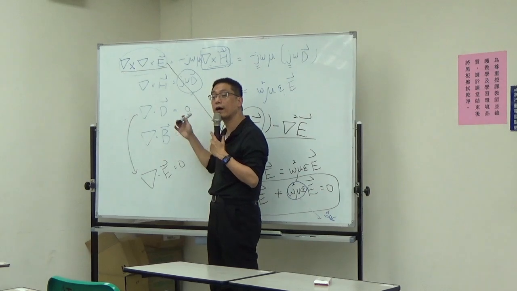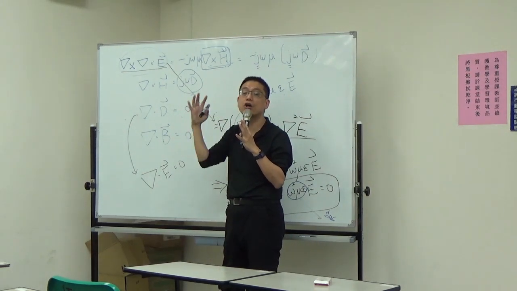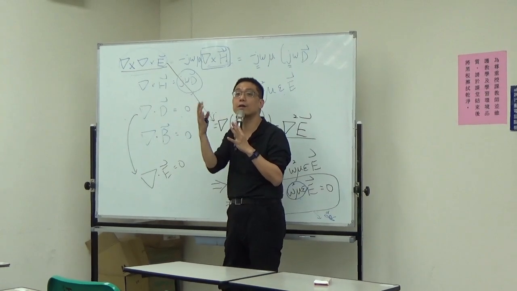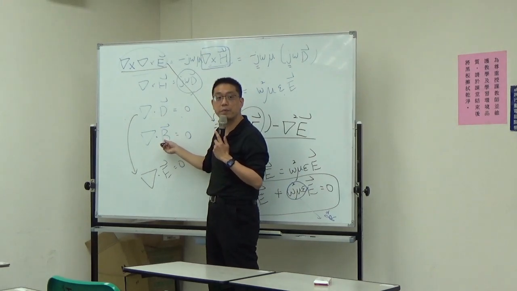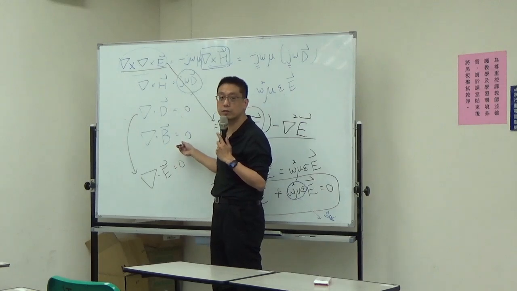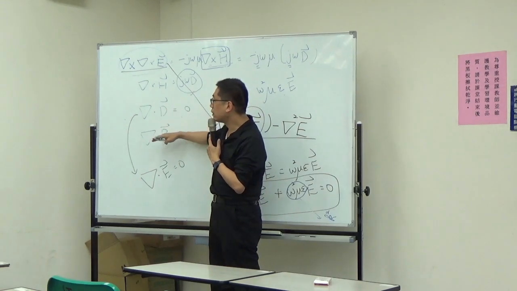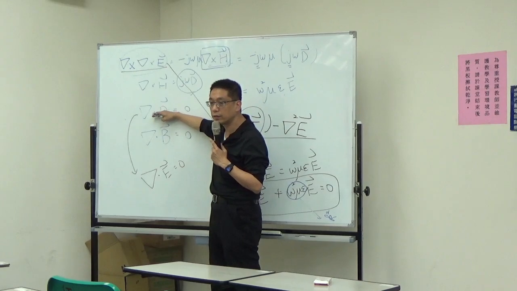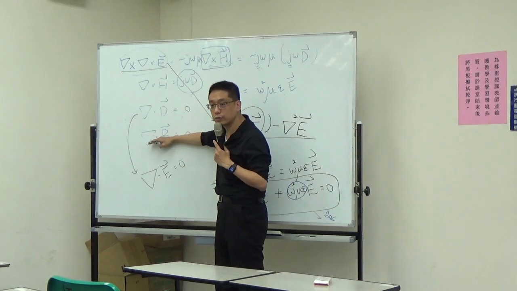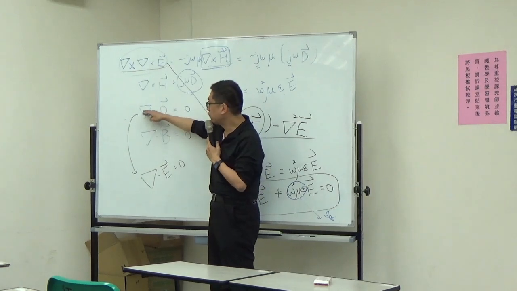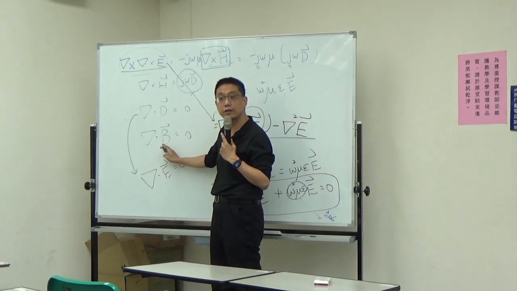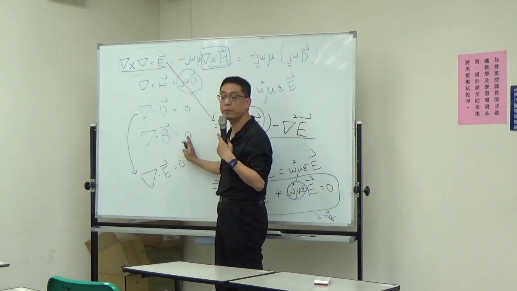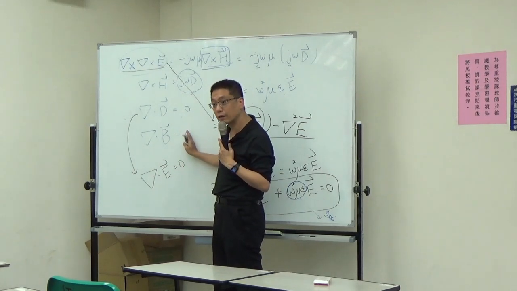I know how many charges are inside the area. I take the divergence of B, which equals 0 because we don't have magnetic charge in the world. Those equations are related only to the E field and only to the H field. The divergence of each gives a scalar number.